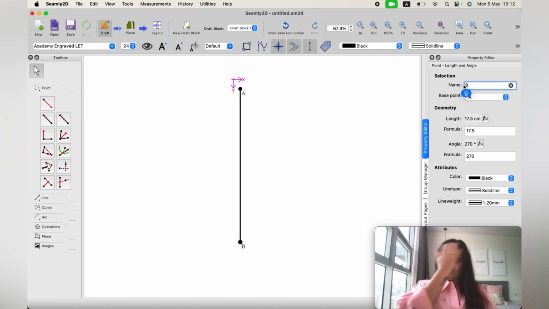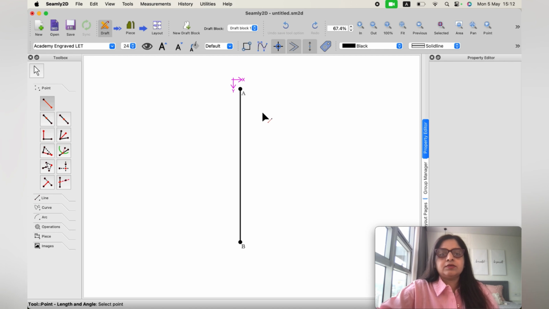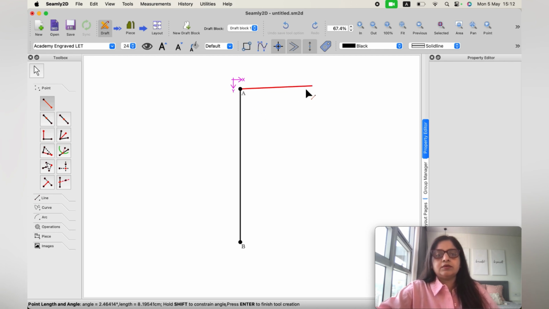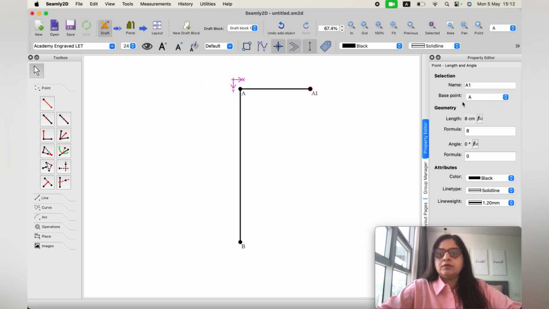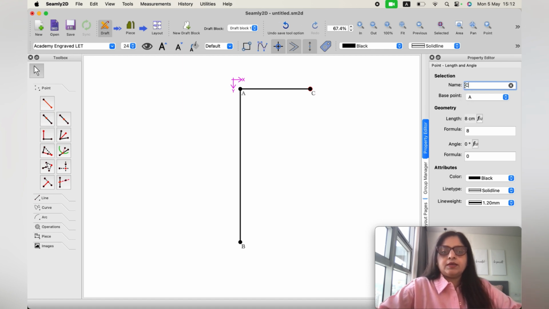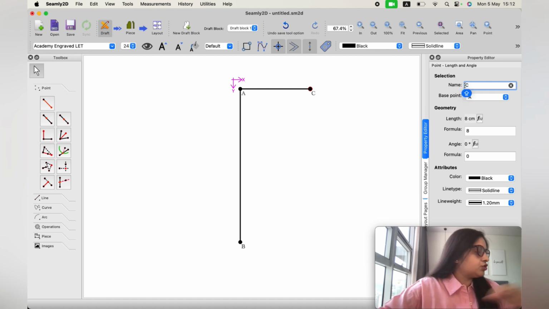The second measurement, A to C, is across shoulder. So it is 8 inches. This is the across shoulder measurement.